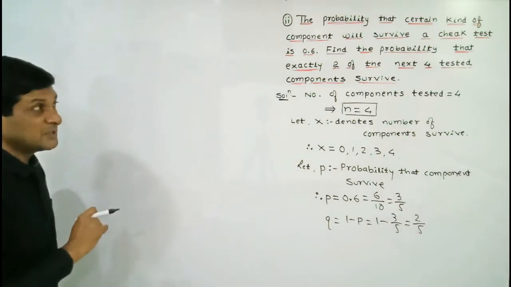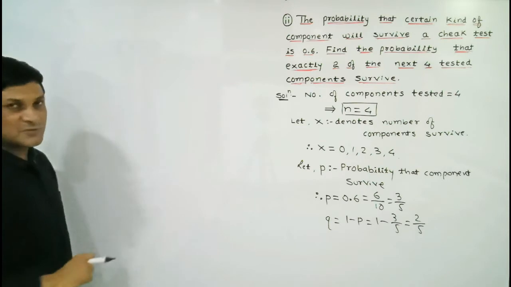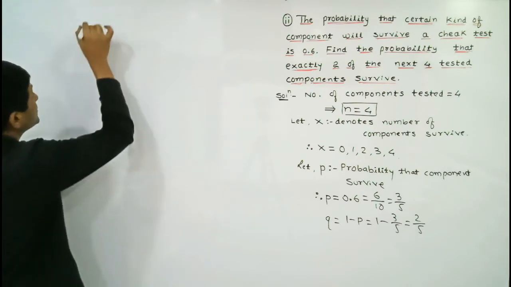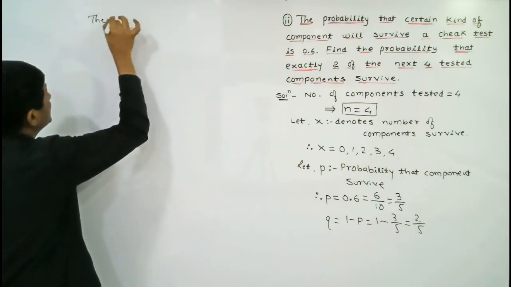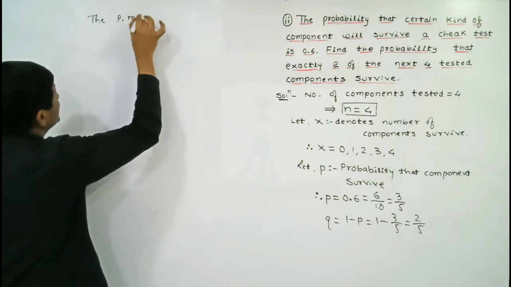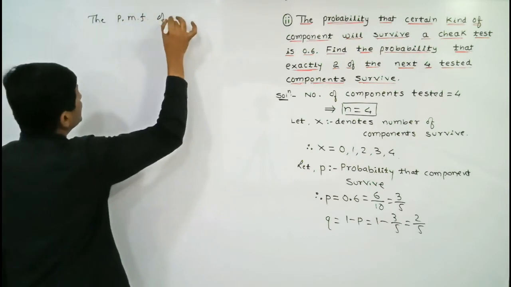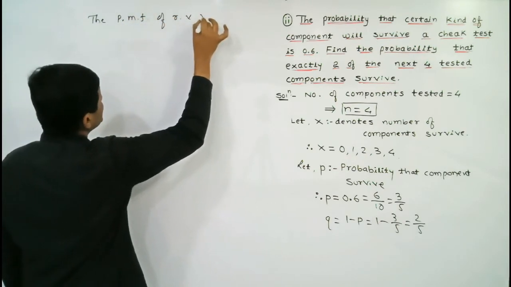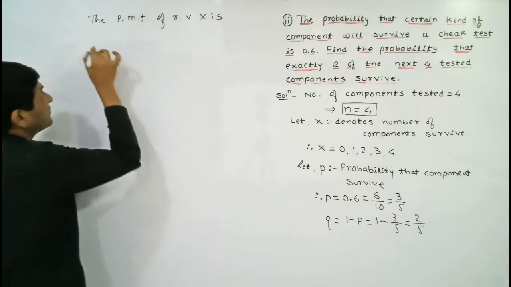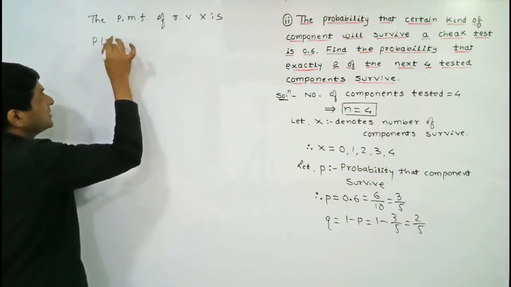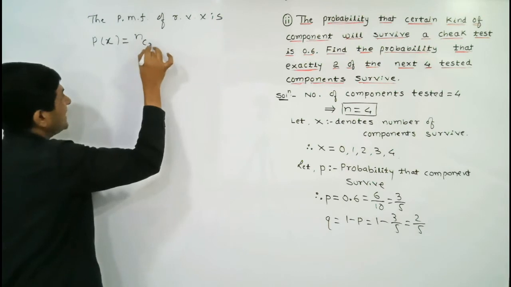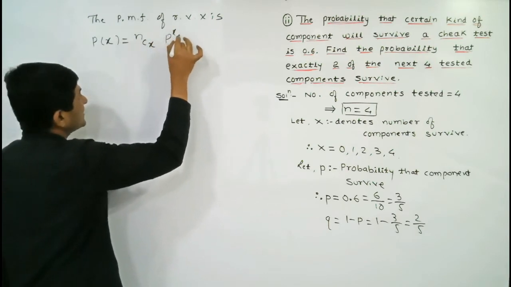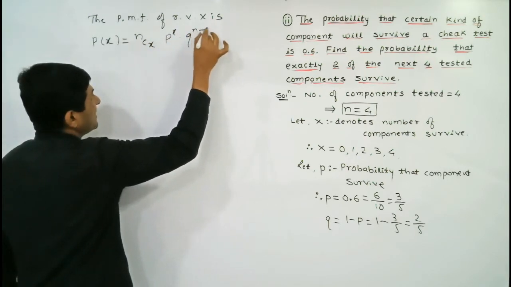Now let us define the probability mass function, because we have to find the probability. So the probability mass function of the random variable x is, what is the formula to find the probability? P of x is equal to nCx into p raised to power x into q raised to power n minus x.